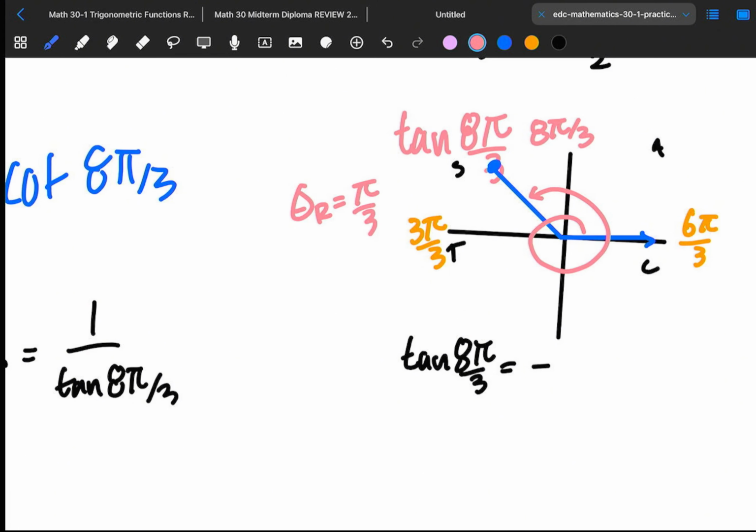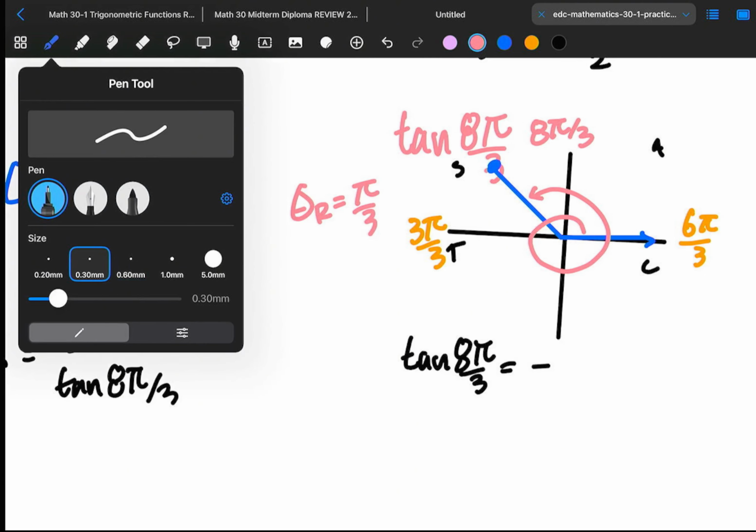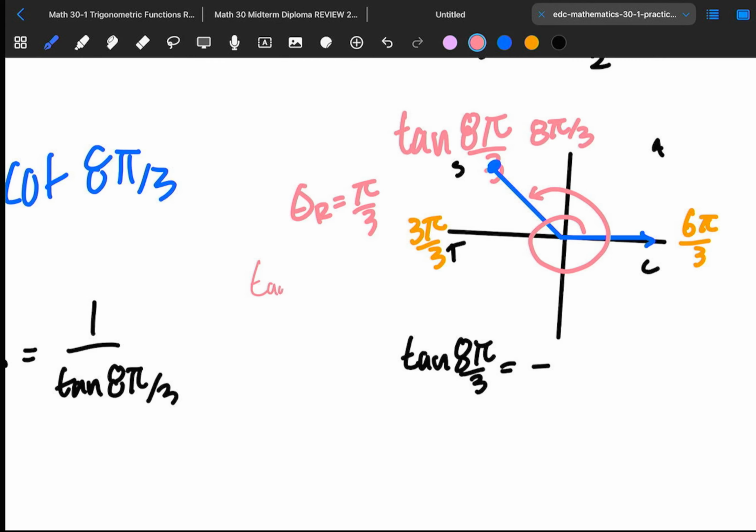So how do we find the exact value here? Remember that tan is mathematically equivalent to sine theta over cos theta. So we know sine at pi over 3 is going to be root 3 over 2. And you're going to divide that by cos at pi over 3, which is just 1 over 2.